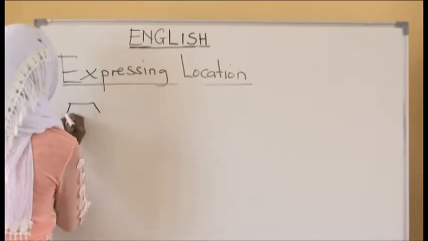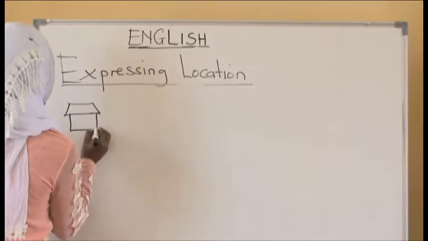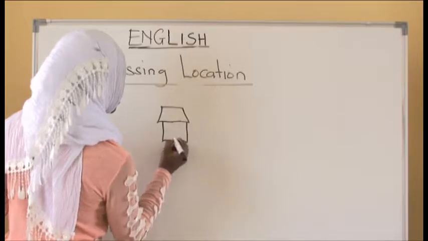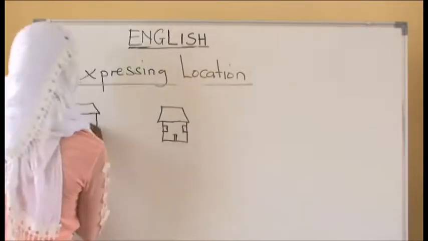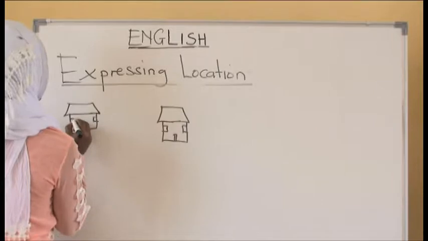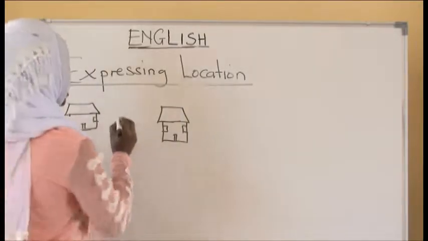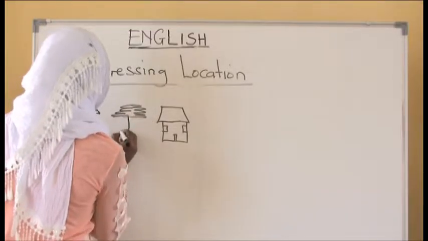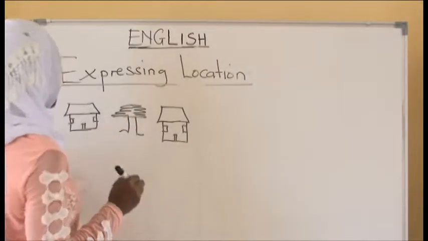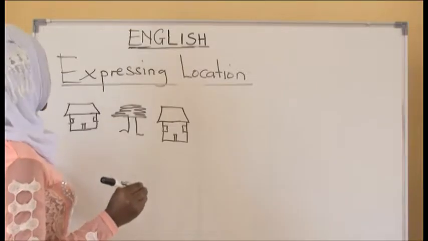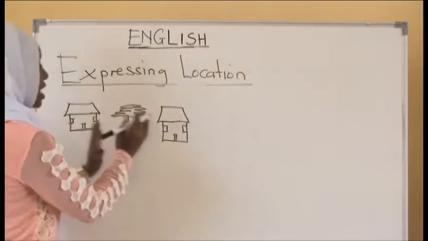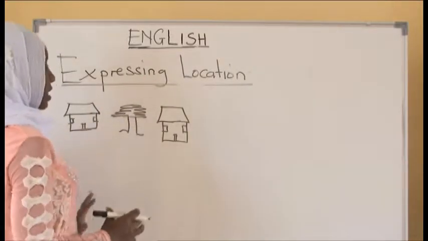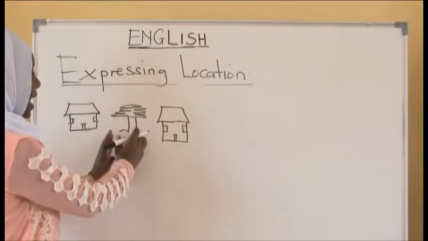Look at this example here, you're going to understand very well. Here there is a small house, and here there is a small house. In the middle of these houses, we have a tree. If you are asked, where is the tree?